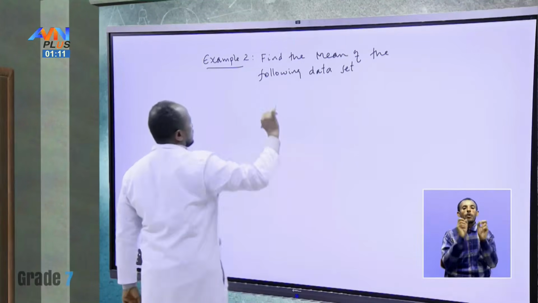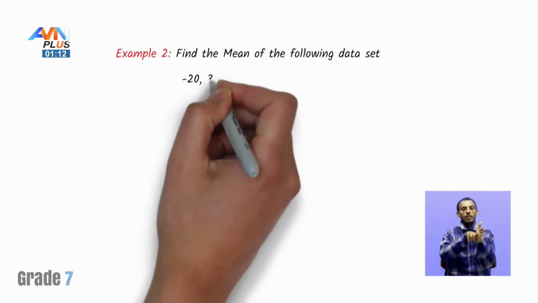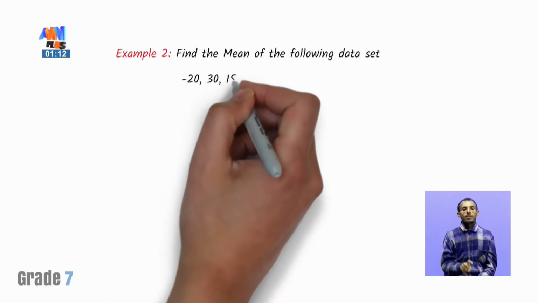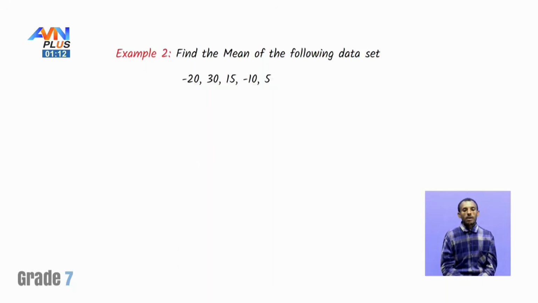Here you have this data set: negative 20, 30, 15, negative 10, and 5.